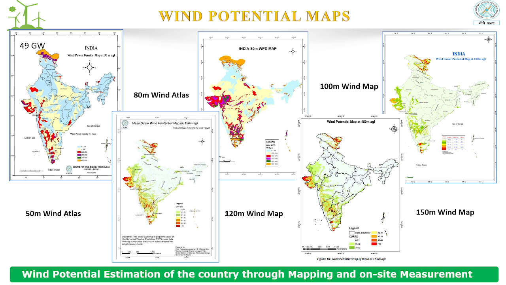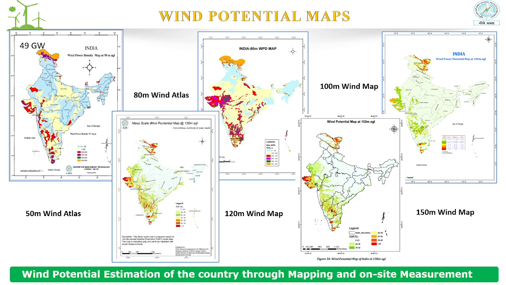You can also buy from private Metmasts if they are able to give. Even ReNew Power may have their own proprietary data, thinking that they will get new projects.